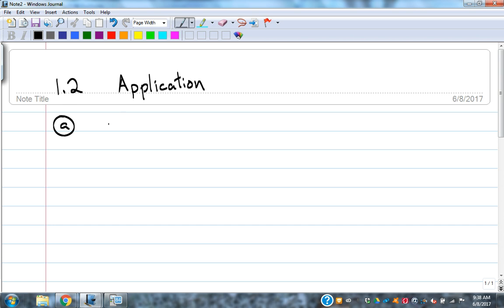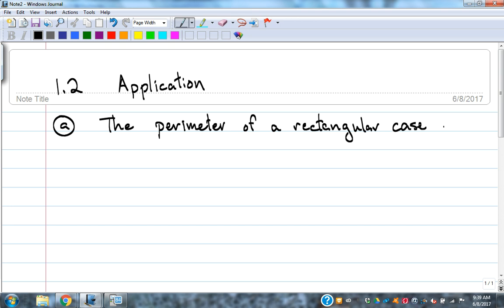So I'm just going to write out this word problem. The perimeter of a rectangular case is 40 inches.